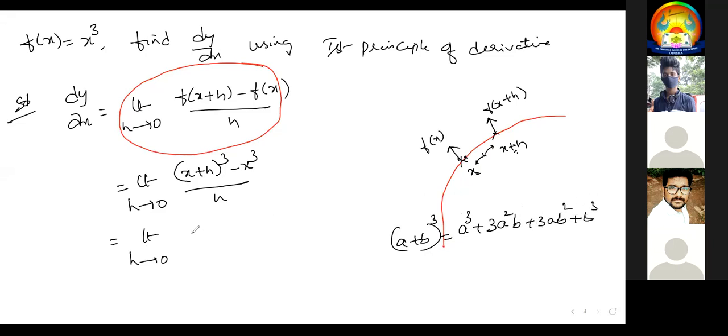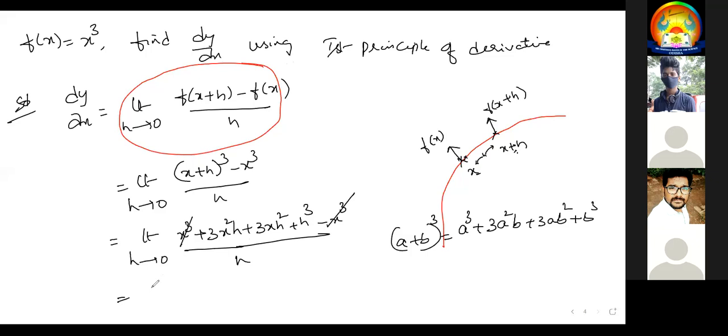Like that, x cube plus 3x square h plus 3x h square plus h cube minus x cube by h. x cube is getting cancelled.